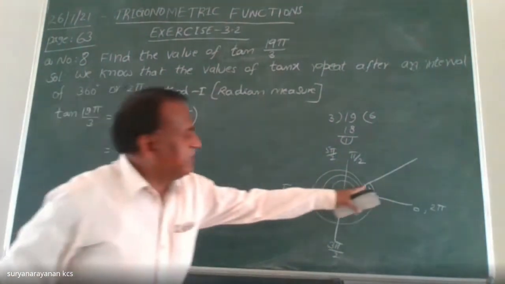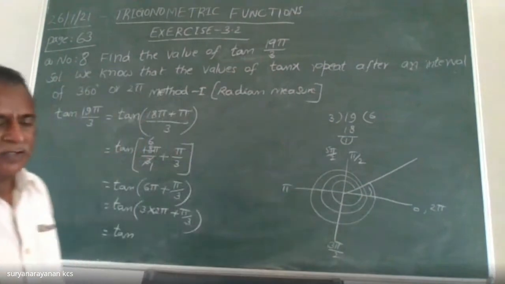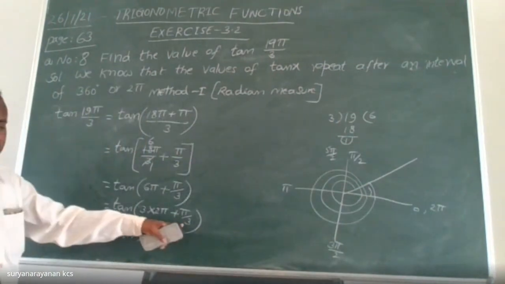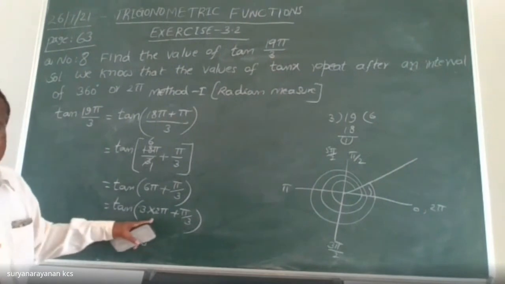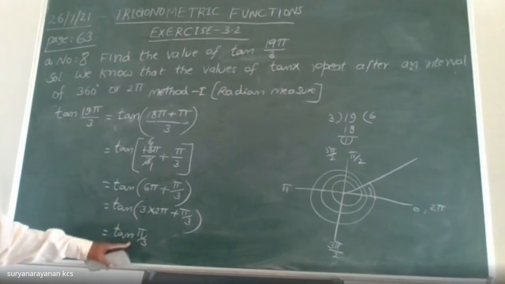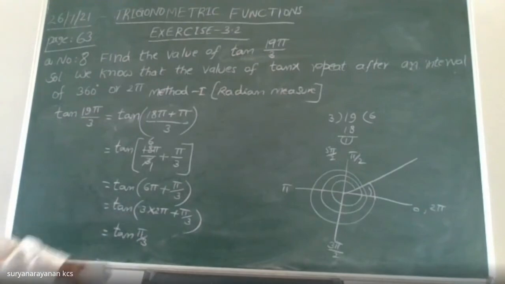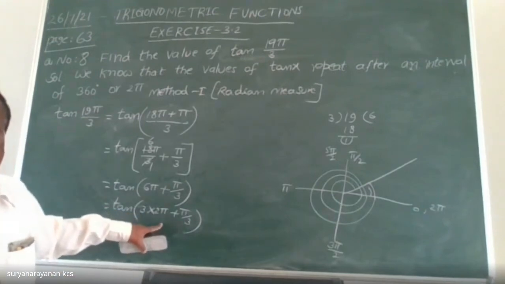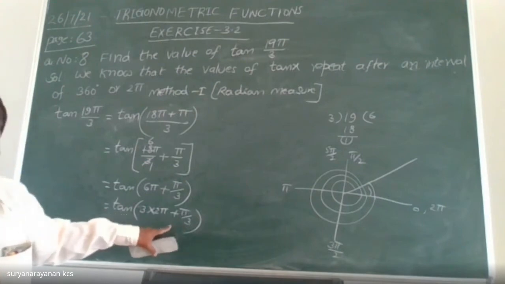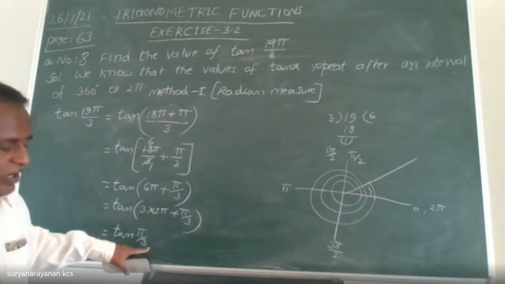So this angle lies in the first quadrant. So pi by 3 only. We ignore this part. Tan pi by 3. Understood this step? My dear children, as we ignored 3 into 360 degrees in the 360 plus 45 problem, the same procedure we follow here also.